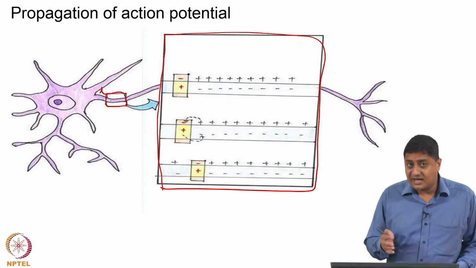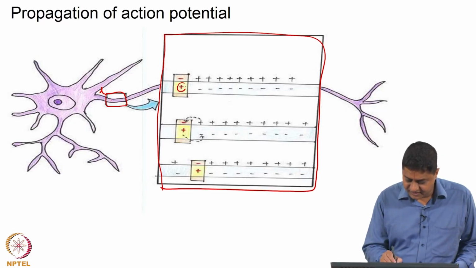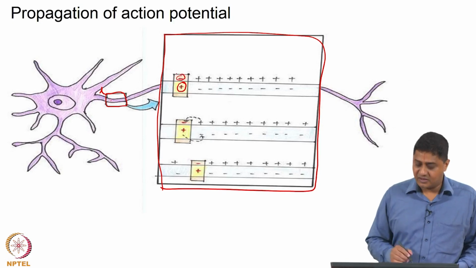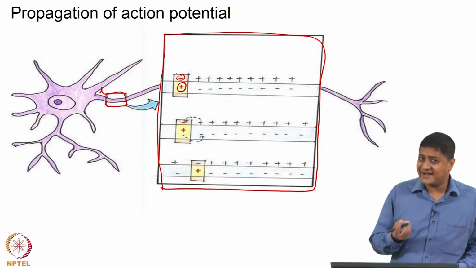In that region, a relatively smaller area becomes positive here, see for example like this. When compared with the outside, the inside is more positive. Let us remember that this is a transient event. This is going to go back to inside negative very soon.